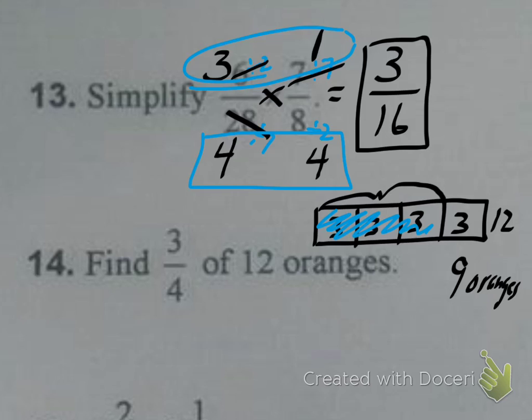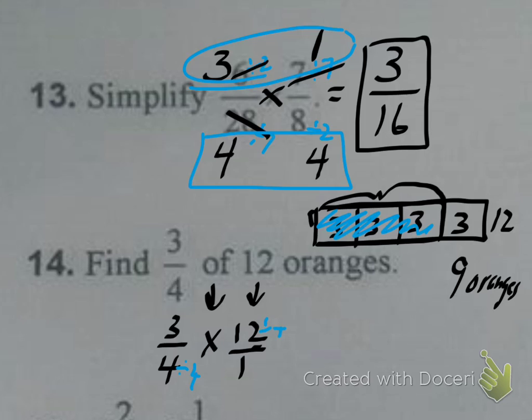But besides using the tape diagram, we're also going to use multiplication. Of means multiply. So we have 3/4, and 12 can actually become 12 over 1. So we have to have both of them as fractions. Now we can see that both 12 and 4 have a common factor of 4.